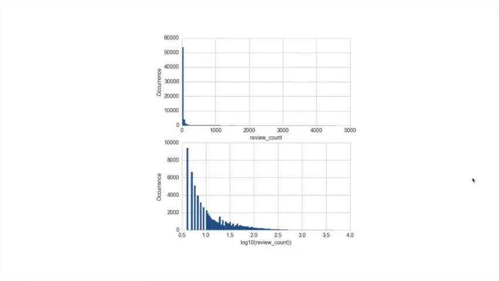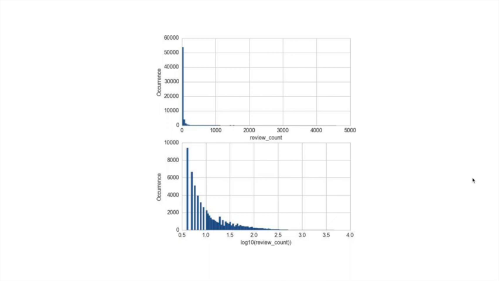In this figure, we can see the comparison between the Yelp Business Review counts before and after the log transformation. The top one doesn't have the log transformation, the bottom one has the log transformation. The y-axes are now both on normal linear scale.